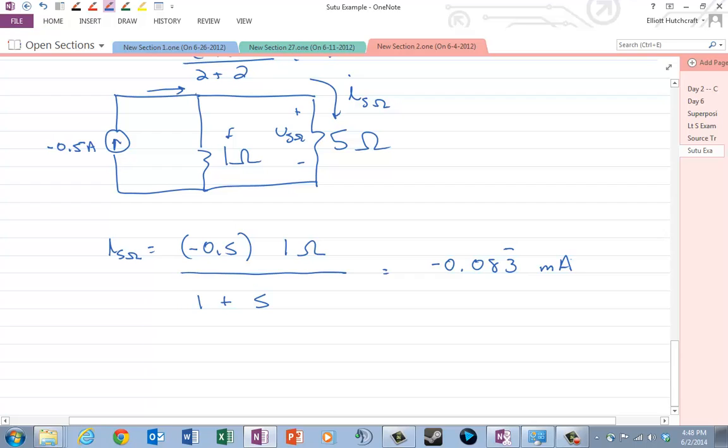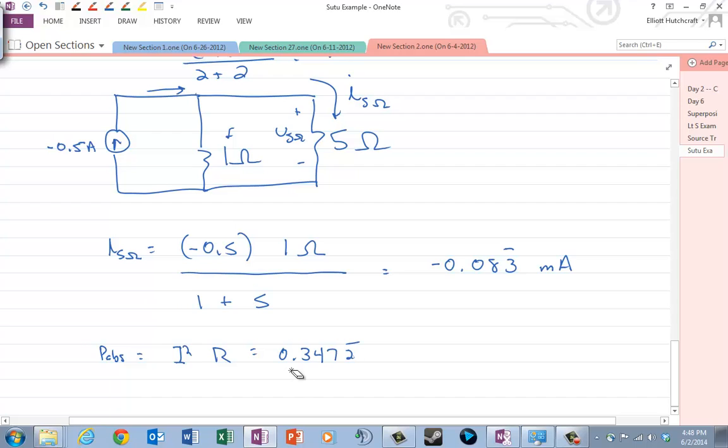And so if I want power absorbed in the 5 ohm, I could go find V, but hey, I already know I, so I'm just going to use I squared R. So that's going to give me minus 0.083, with the bar over it, squared, times the 5 ohm, and that is going to be 0.3472 with a bar over it.